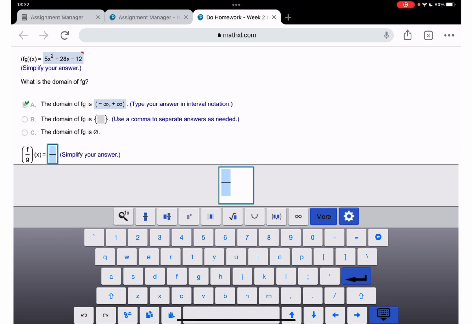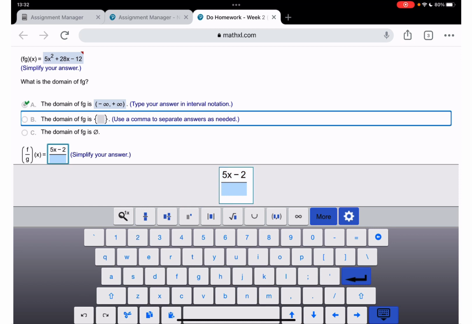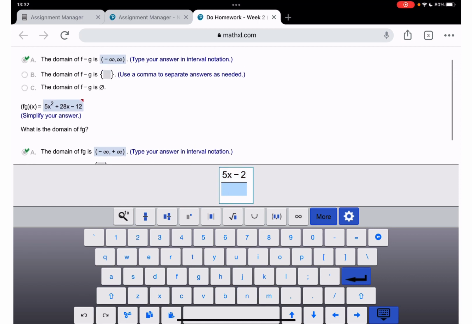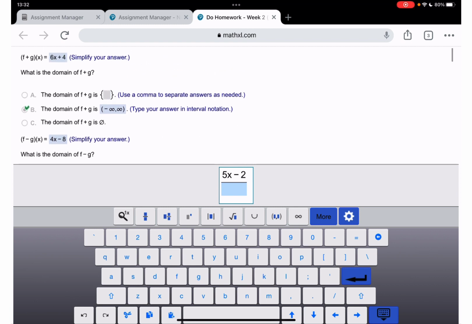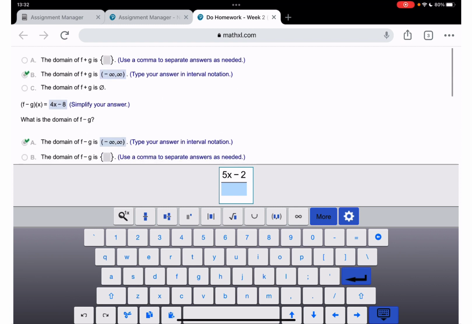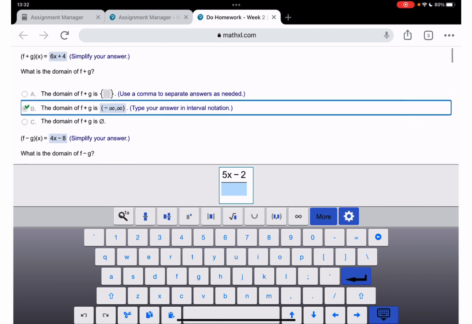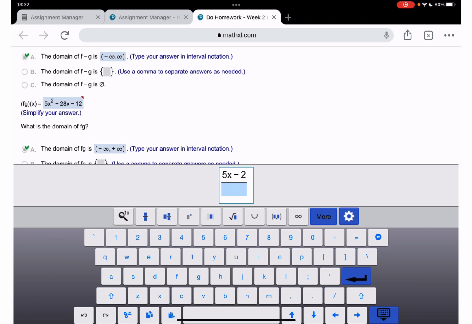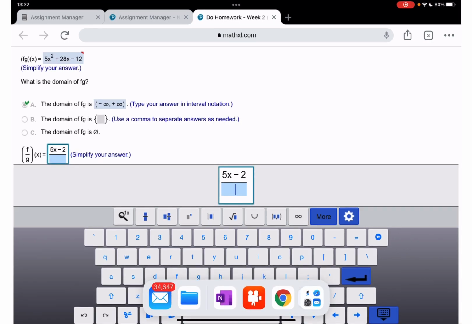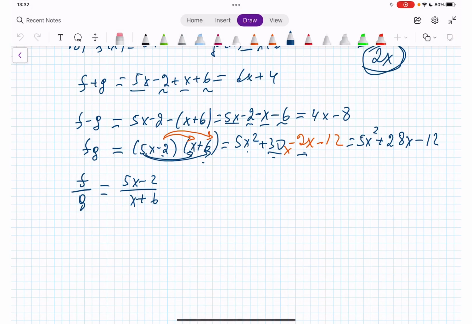In the numerator is going to be 5x minus 2. In the denominator, let me see what the original one is. I need to look back. X plus 6, okay.